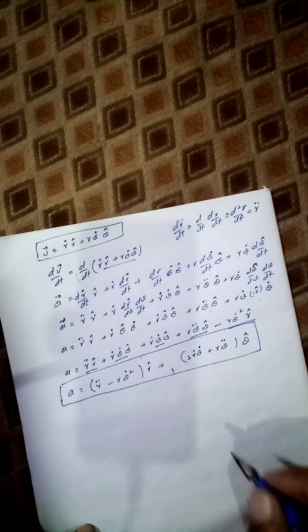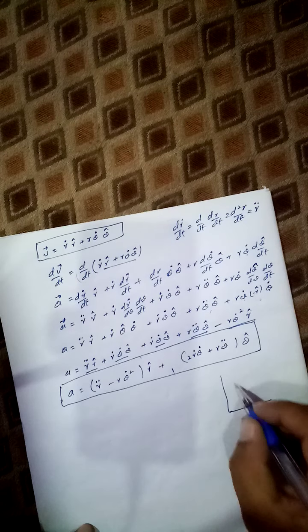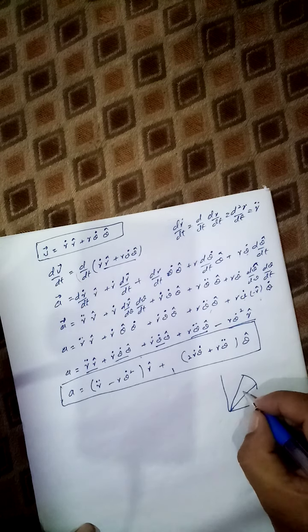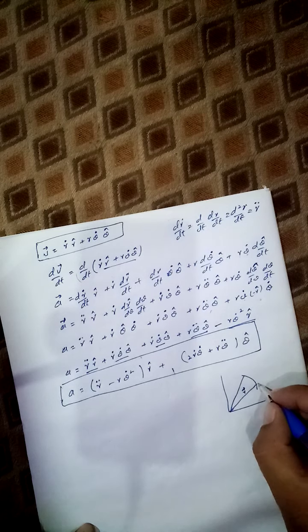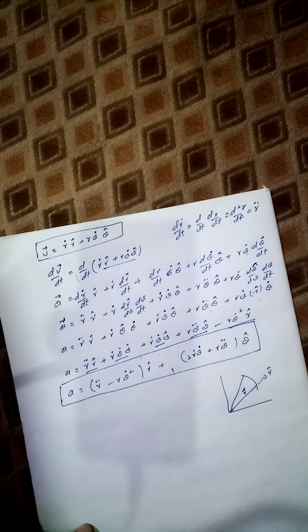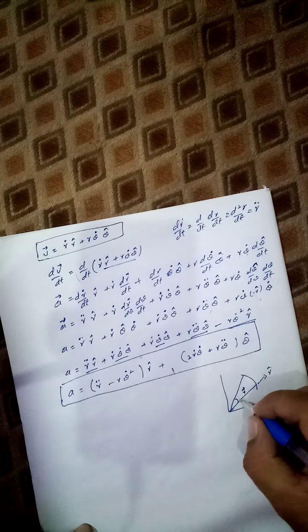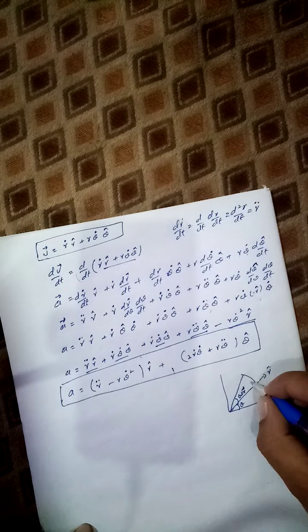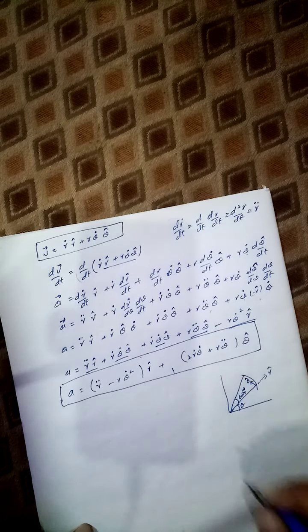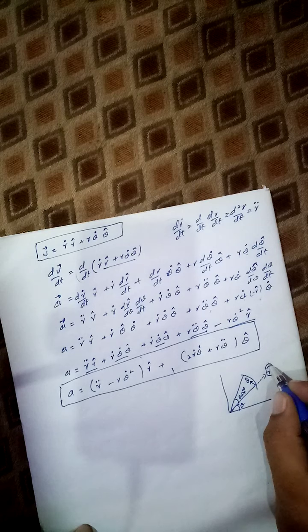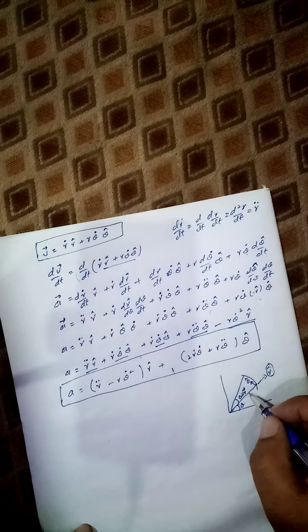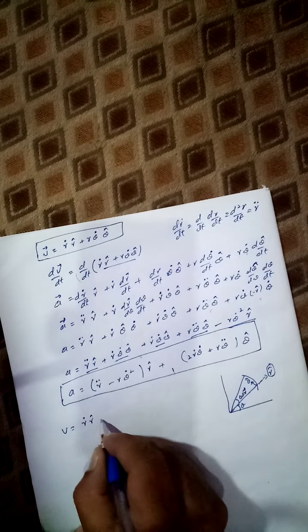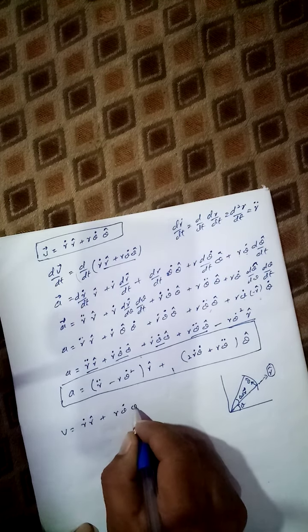Now suppose we have the same situation, a particle moves from point A to point B. Along the radial vector r we have the unit vector r cap, and along the angular direction or the tangential direction we have the unit vector theta cap. So the terms containing r cap will represent the radial velocity, because velocity is r dot into r cap plus r theta dot into theta cap.